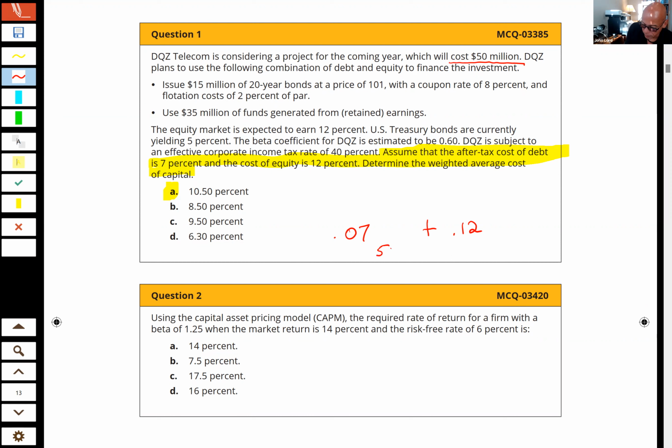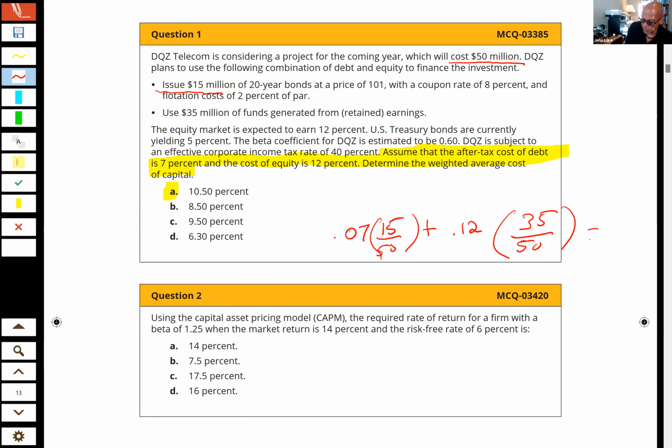So I know that 50 million needs to be in the denominator for both the debt and the equity. And they tell me that 15 million is going to come from the debt of that 50 million, and 35 million is going to come from the equity of that 50 million. So I'm weighting these costs appropriately by the mix of debt and equity.